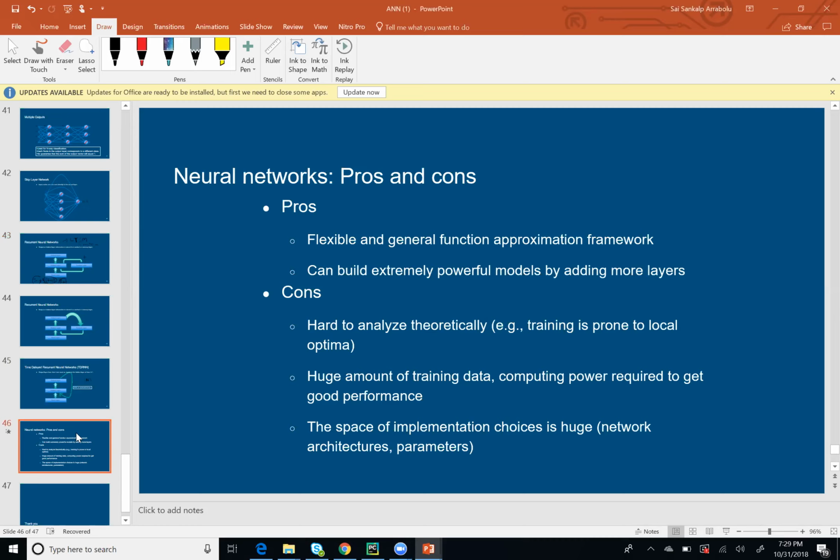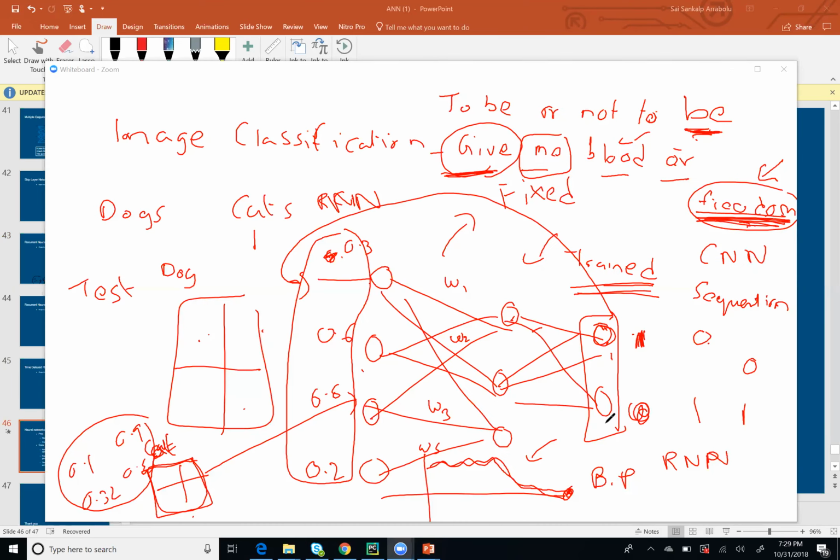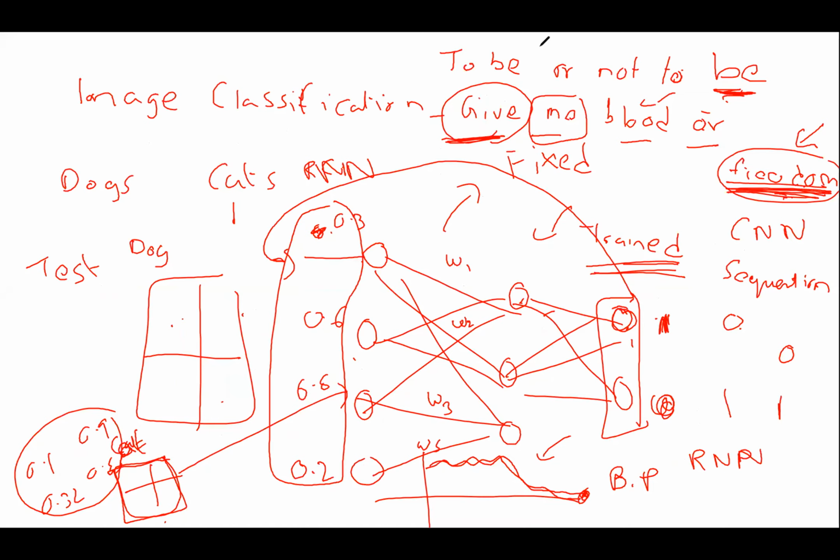One of the things we saw in fully connected networks: how do you actually program recurrent neural networks or highly convolutional neural networks? For any deep learning neural networks, there is a library in Python called Keras. I want to talk about this library a bit. Keras is exclusively for deep learning. It is fast and efficient.